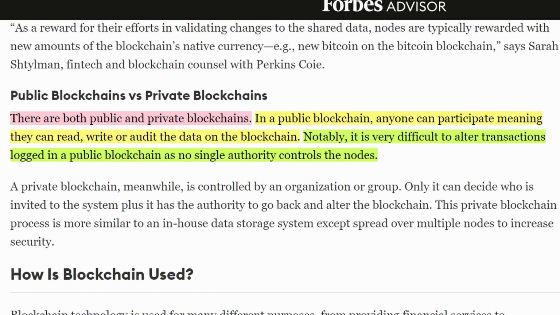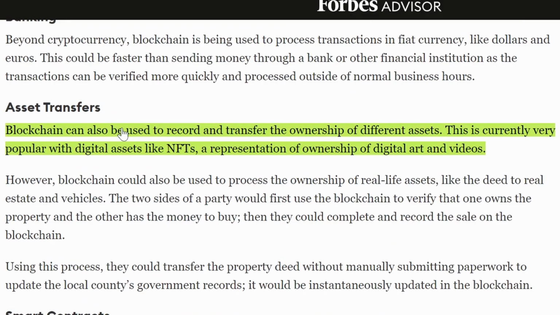So then there are public and private blockchains. In a public blockchain, anyone can participate, meaning they can read, write, or audit the data on the blockchain. Notably, it is very difficult to alter transactions lodged in a public blockchain, as no single authority controls the nodes. For example, blockchains can be used for asset transfer.